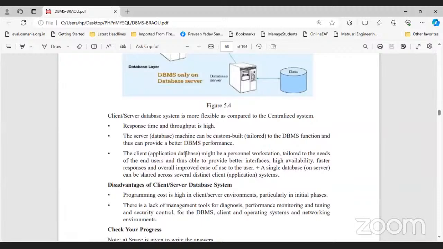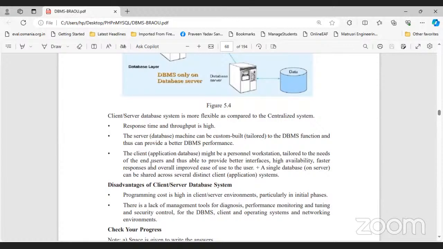Using some application, either SQL or Oracle, whatever you are using. So that is the structure of the DBMS, database management system. Clear? Yeah, okay, sir.